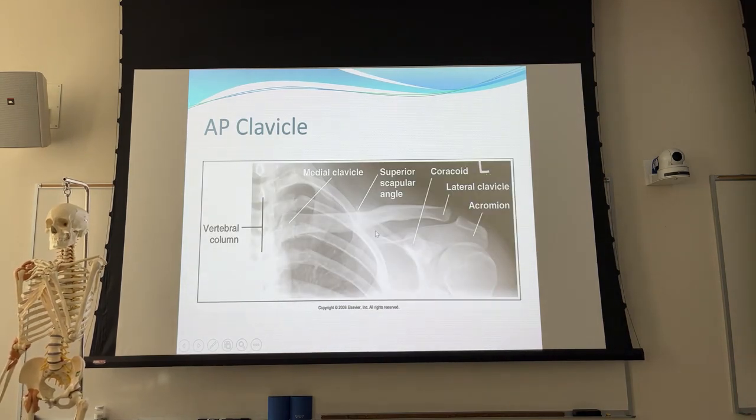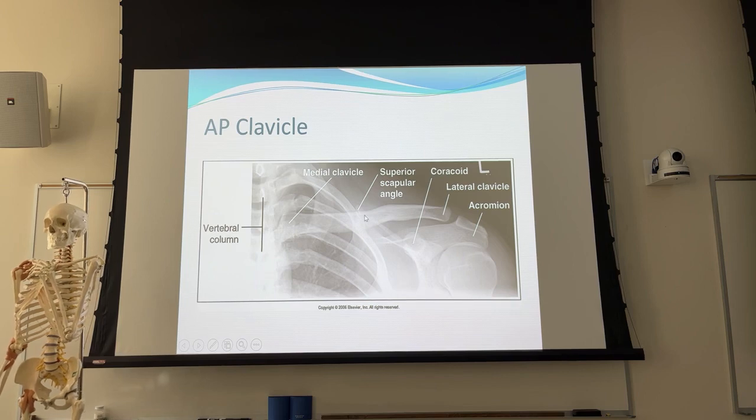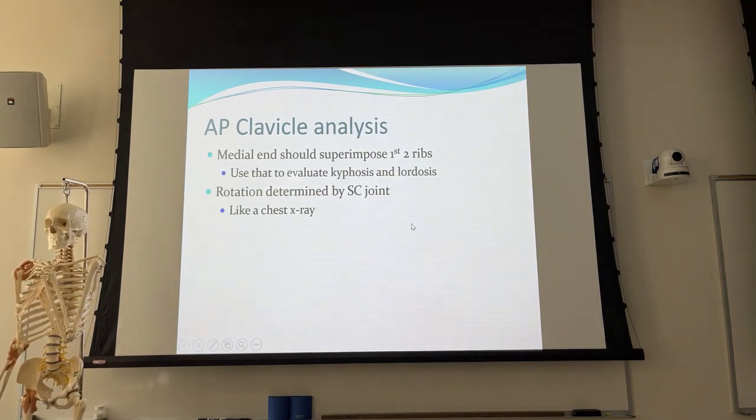And what you should get is something like this. So your medial end is going to come with a fair amount of superimposition, and in all honesty, it looks like we've got a little bit of kyphosis going on here. So I don't know if the patient's upright and they're slouching or exactly what's going on, but we've got 1, 2, 3. It's down to 3, 4. So it's still a pretty good AP clavicle.